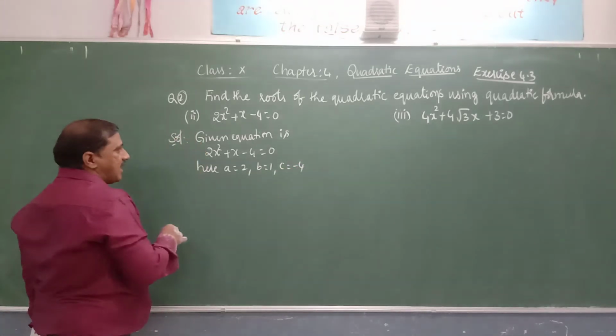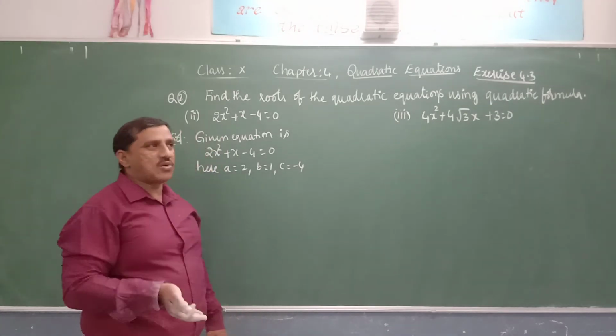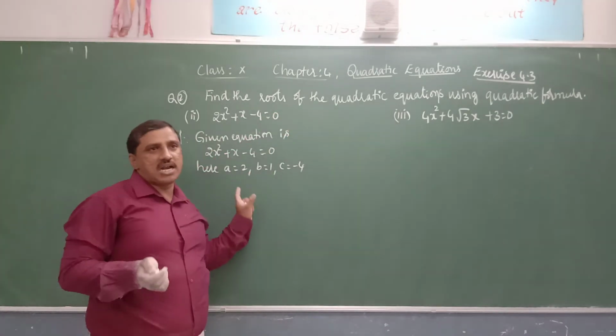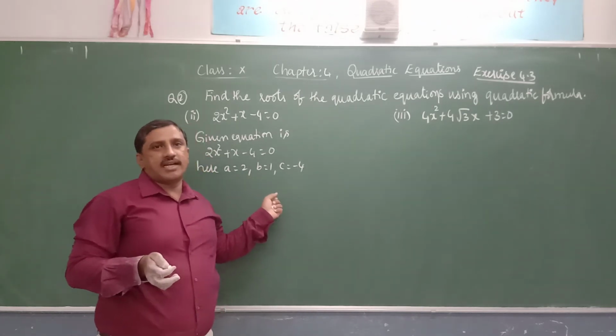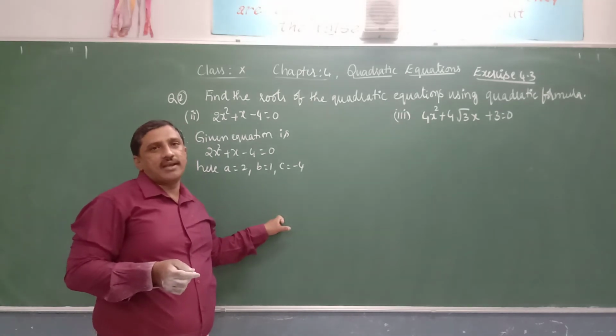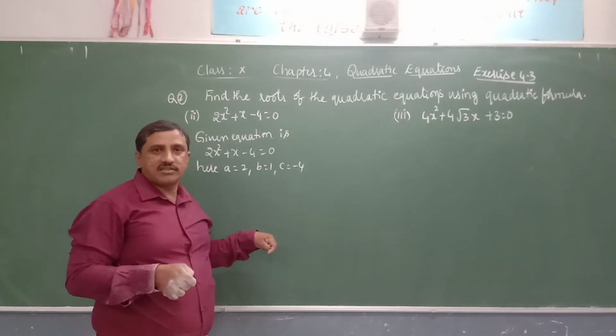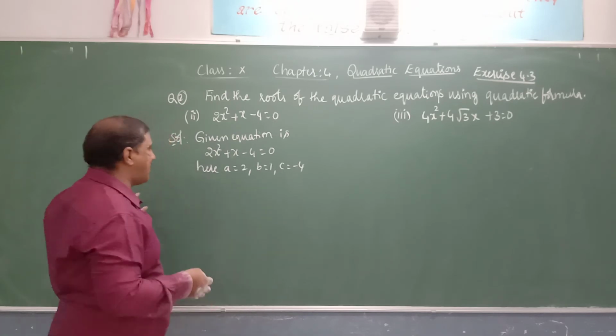So first you identify whether it will have real roots or not. If real roots are there, we will apply the formula and find them. How can we know whether it will have real roots? The value of b square minus 4ac should be 0 or more than 0, then real roots will exist. Otherwise, no real roots will exist.